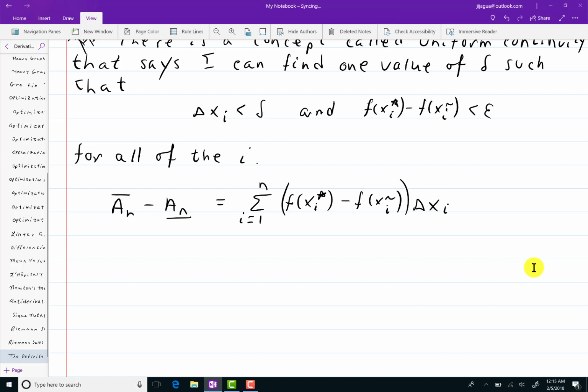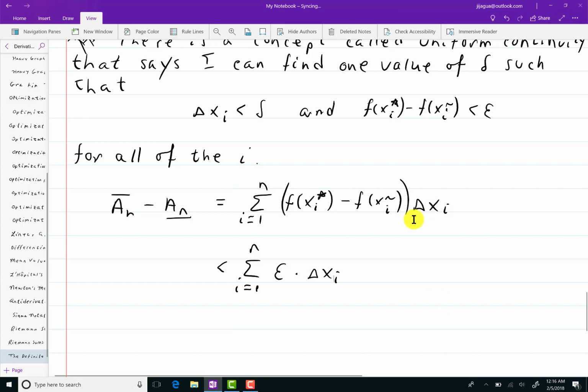If I require every single one of these f of xi star minus f of xi squiggle to be less than epsilon, I get this is less than the sum i equals 1 to n of epsilon times delta xi.